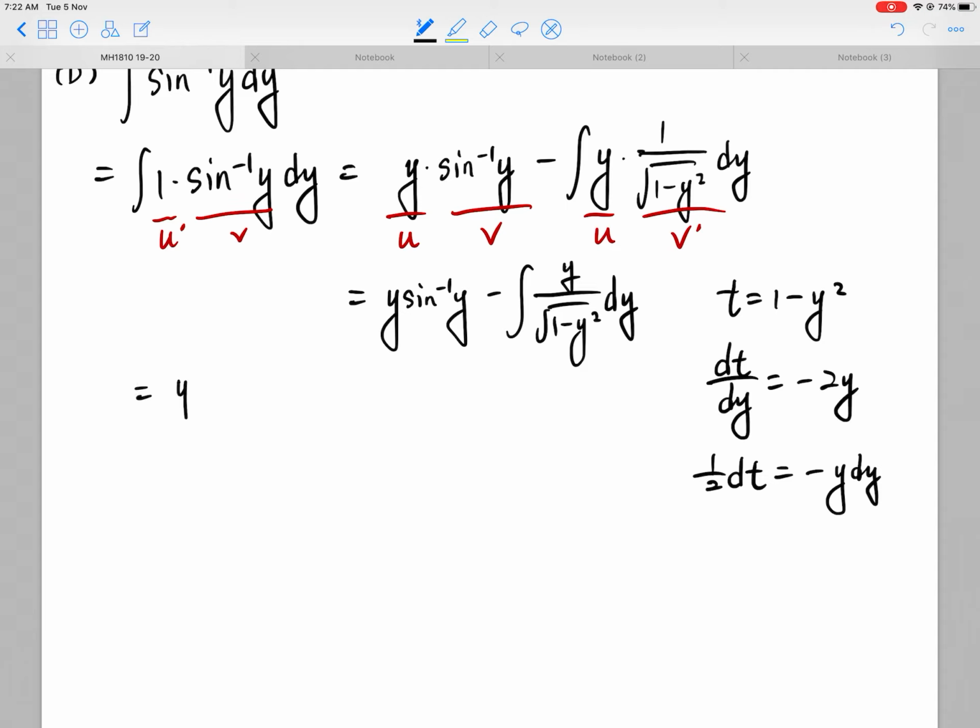Okay, so it's y sine inverse y minus, okay, so it changes to plus the integration of half square root of t dt. Okay, just to try the substitution method.